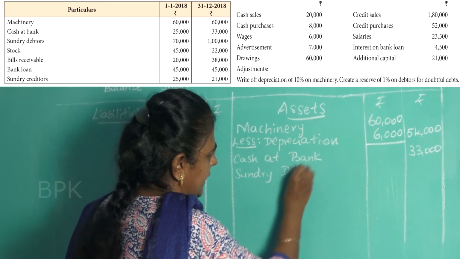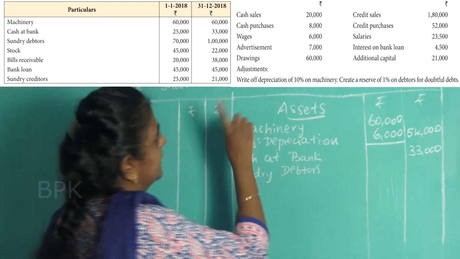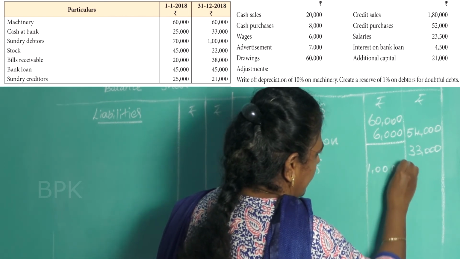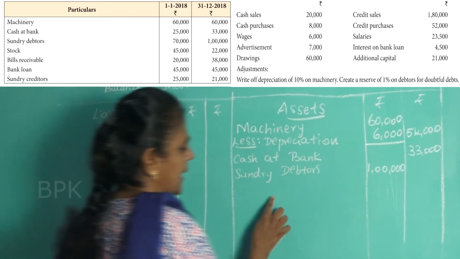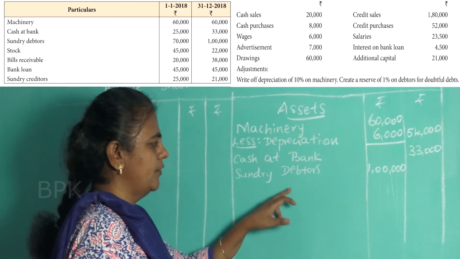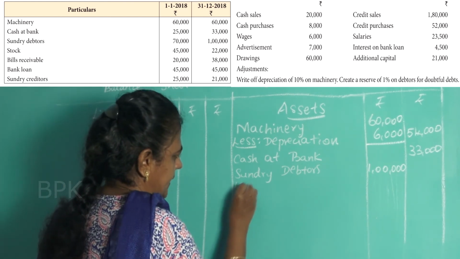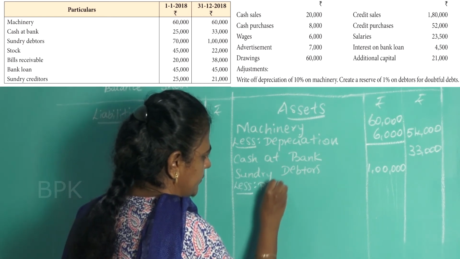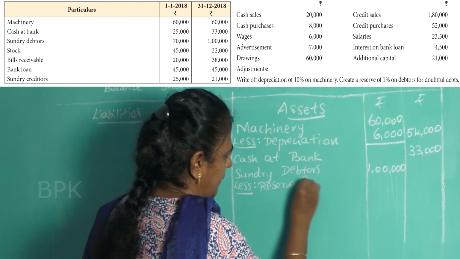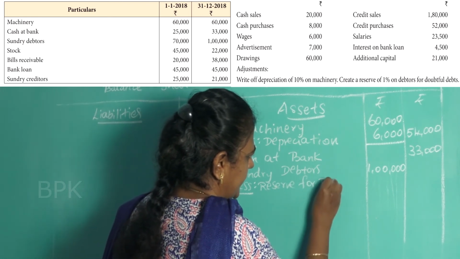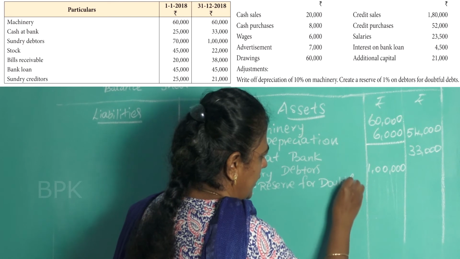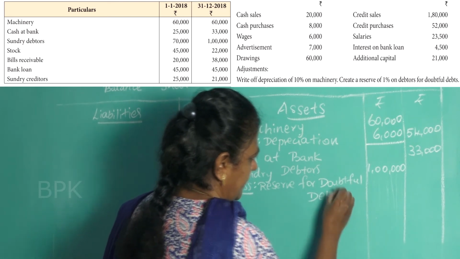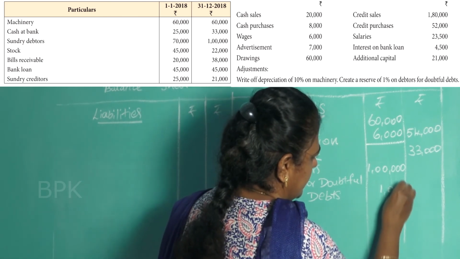Then sundry debtors, take the closing balance, second column, 1 lakh. I am writing in the inner column because I have to provide for the reserve for doubtful debts. So subtract that, less reserve for doubtful debts, 1000 rupees.